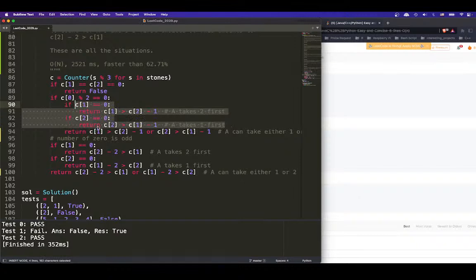If you think about C1 larger than this, let's write it down. So this basically is C2 minus C1 smaller than 1, or C1 minus C2 smaller than 1.